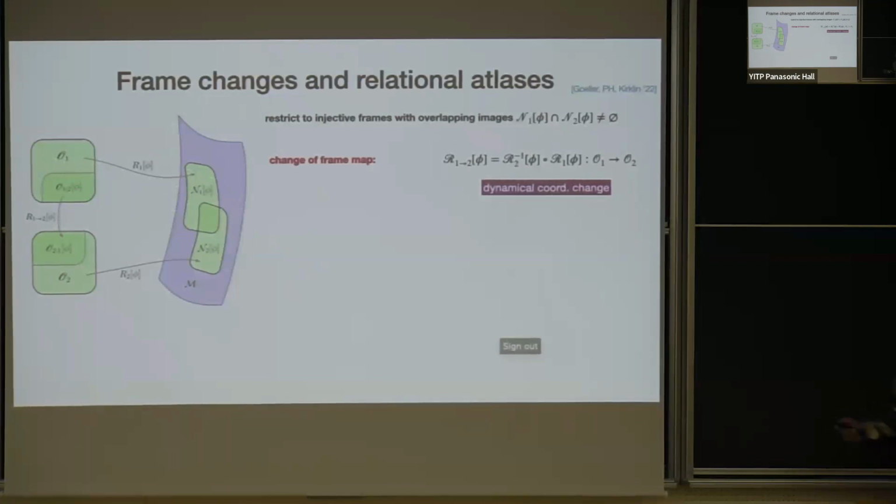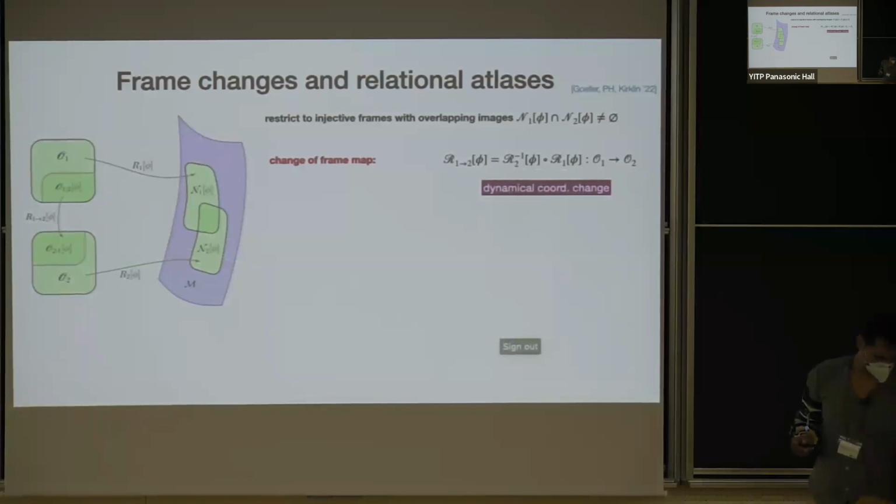Then the way you map from the description relative to one frame to that relative to another is exactly the same as with coordinate transformations. It's just that these are dynamical coordinate transformations, so they depend on the field configuration. To go from the description of frame one, you map from the orientation space using the frame back into spacetime, and then from spacetime into the new orientation space. That's this map here, a dynamical coordinate change.